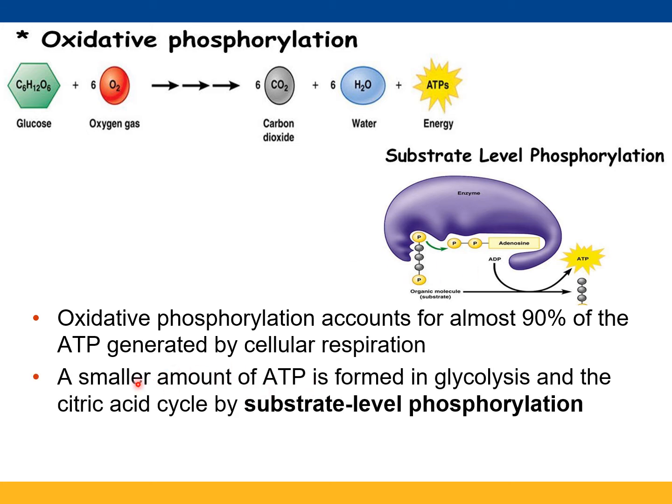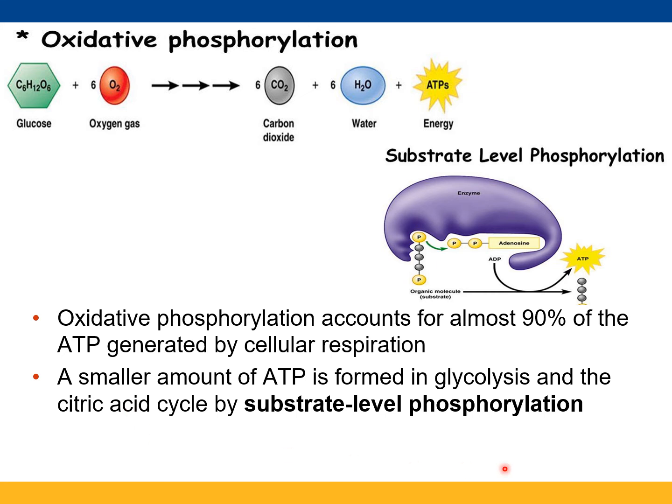So we can generate some ATP using certain enzymes that will transfer a phosphate back onto ADP. So we start with ADP, we start with some other precursor, for example, creatine phosphate, and we're going to take that phosphate from the creatine and transfer it onto ADP to make some more ATP.